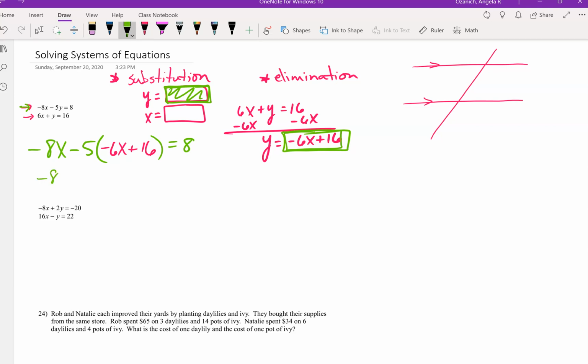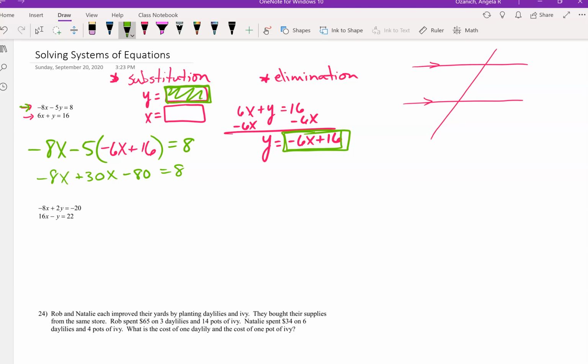So you want to watch your negatives. We have negative 8x. And a negative 5 times a negative 6 is going to be a plus 30x. What's negative 5 times 16? 80? I think that's right. Minus 80 is equal to 8. So we're going to keep simplifying this.